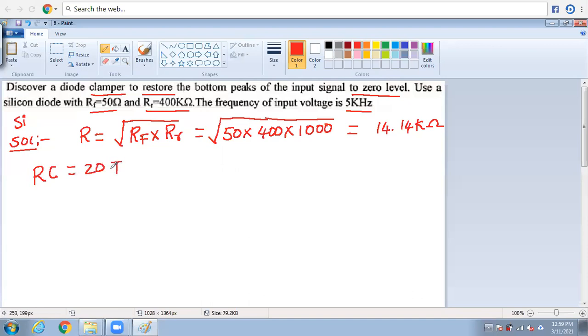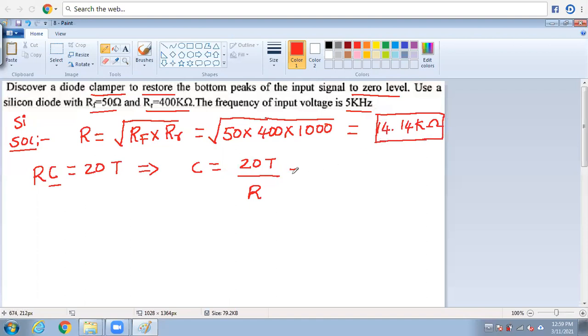If you want to design any type of diode clamper circuit, finding the capacitance is compulsory. Based on this expression, the capacitance is C equal to 20 T by R. R we already found, that is 14.14 kilo ohms.